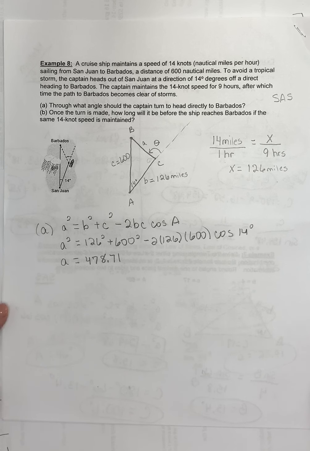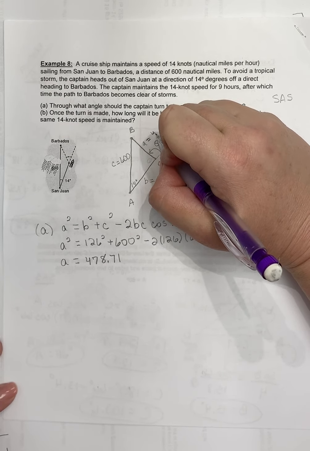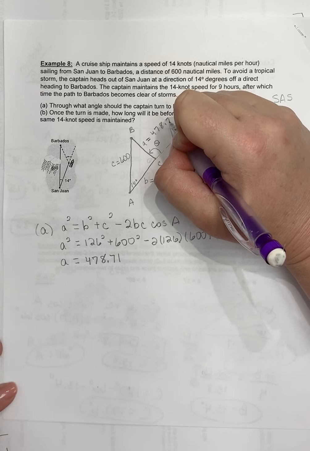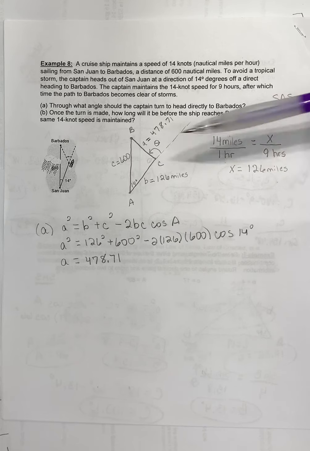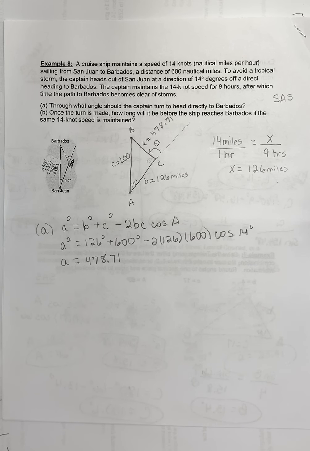All right. Well, we're really close to finding C then. Now, let's see. Could we use the law of sines to find C? No, we can't. Because when I look at angle C, I notice that it's going to be the largest angle. And I can't use the law of sines with the largest angle.